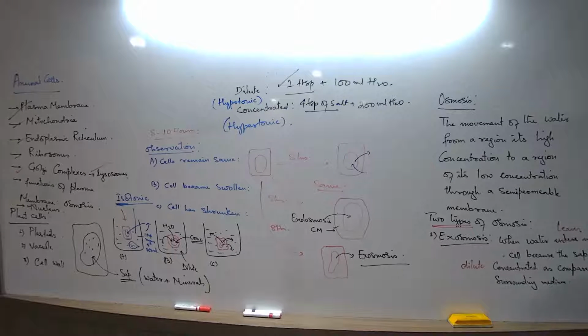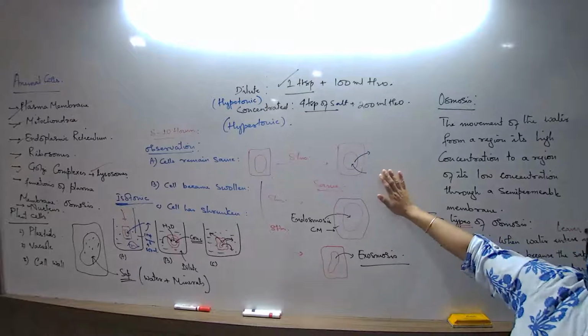Hypo to hyper. और अंदर सेल के अंदर और बाहर अगर concentration same रहेगा, then जब सेल के अंदर और सेल के बाहर concentration same रहता है, isotonic. At that time, is there any major movement of cell water molecules? No. At that time, there is no major movement of the water molecules.